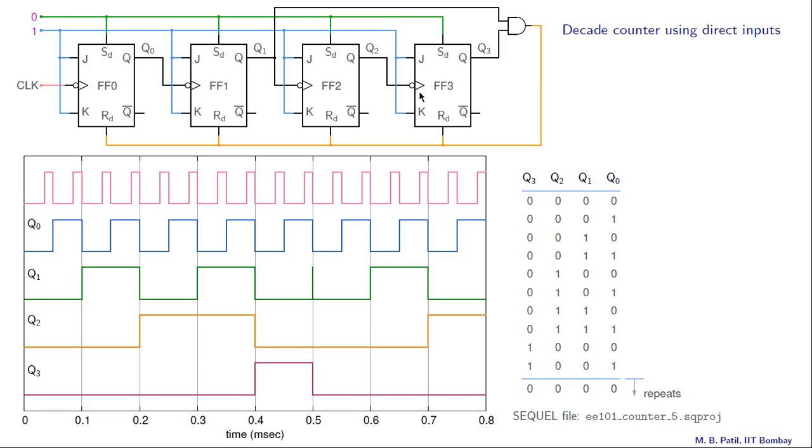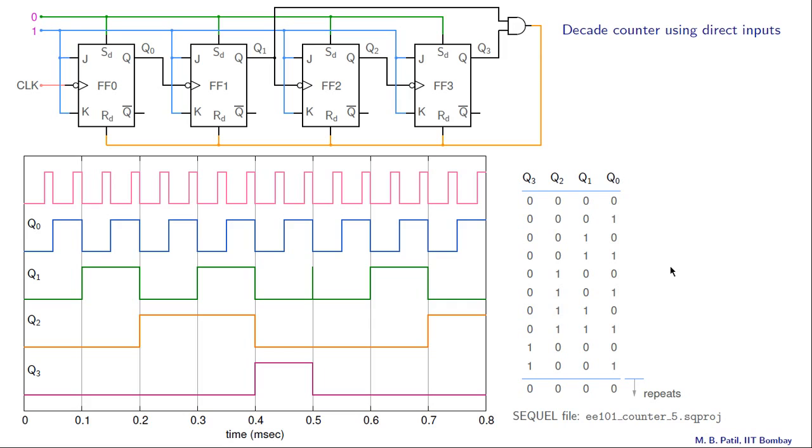And this is a circuit we have already seen earlier, and it is a binary up counter. So it is going to count from Q3, Q2, Q1, Q0 equal to 0, 0, 0, 0, then 0, 0, 0, 1, then 0, 0, 1, 0, etc. all the way up to 1, 1, 1, 1.